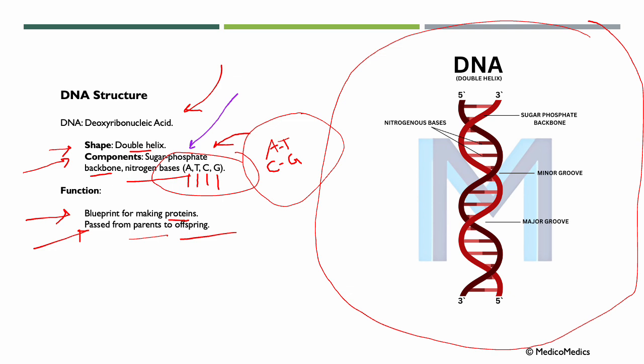And the nitrogenous bases are the variable components of the nucleotides. These include the 4 types mentioned here: adenine, thymine, cytosine, and guanine. And these bases, as we just mentioned, encode the genetic information through specific pairings.